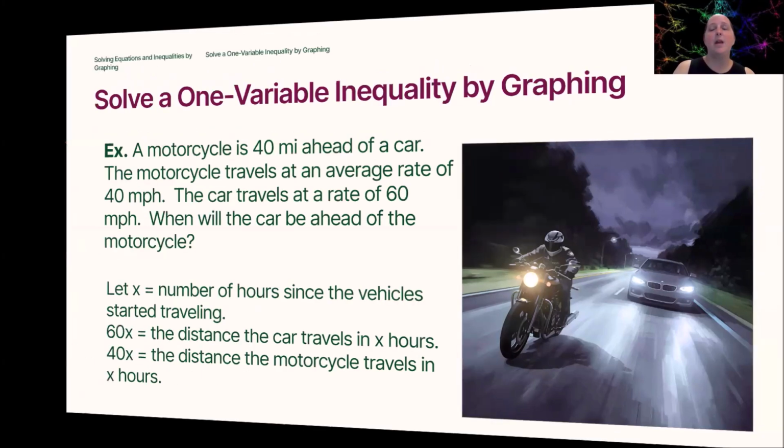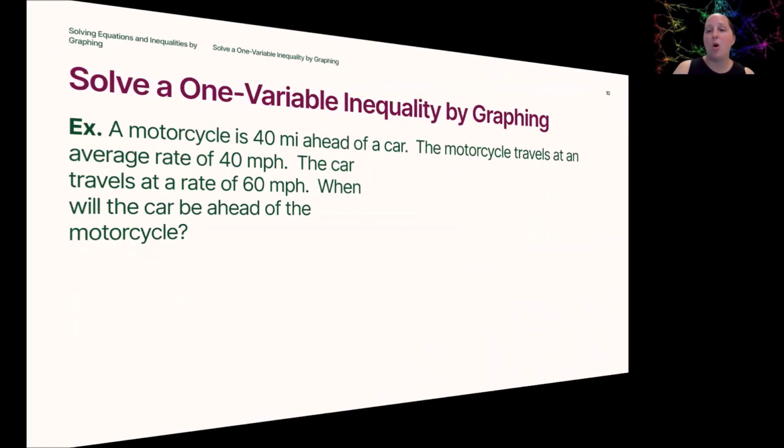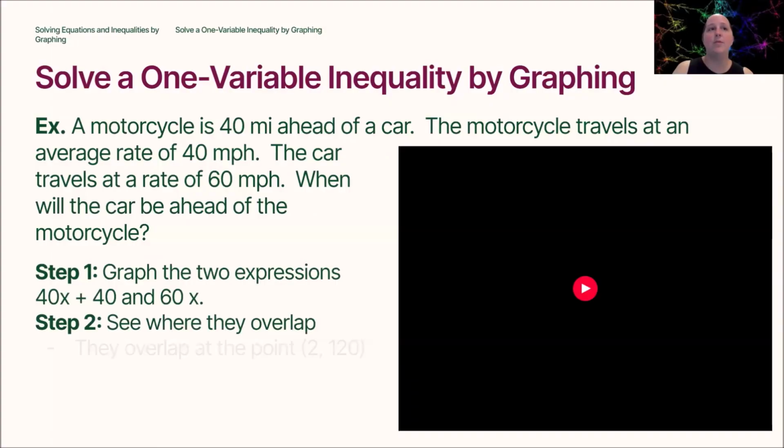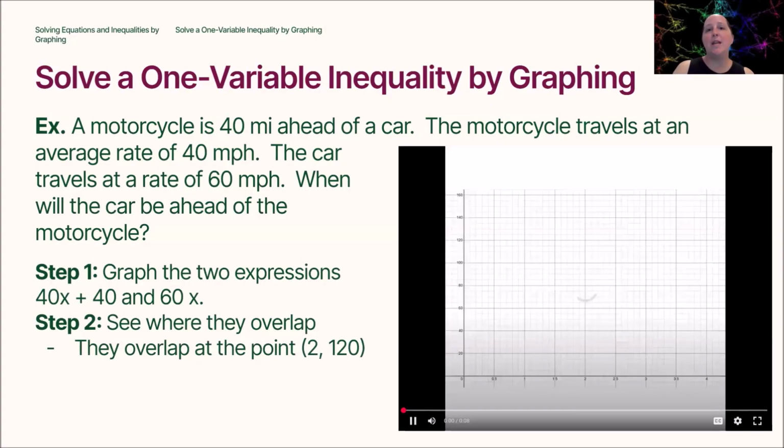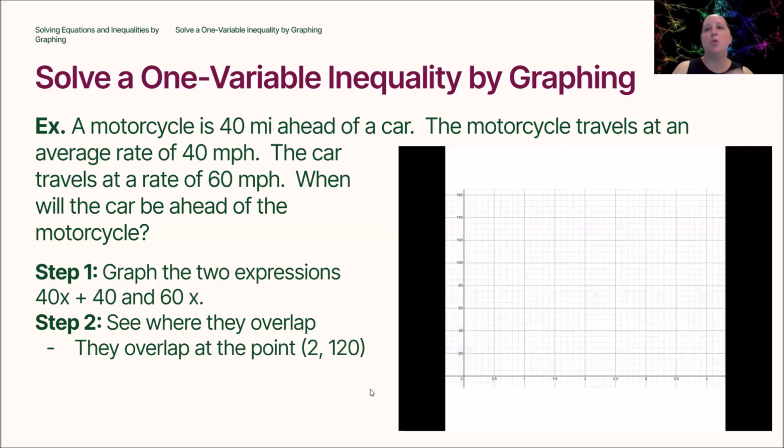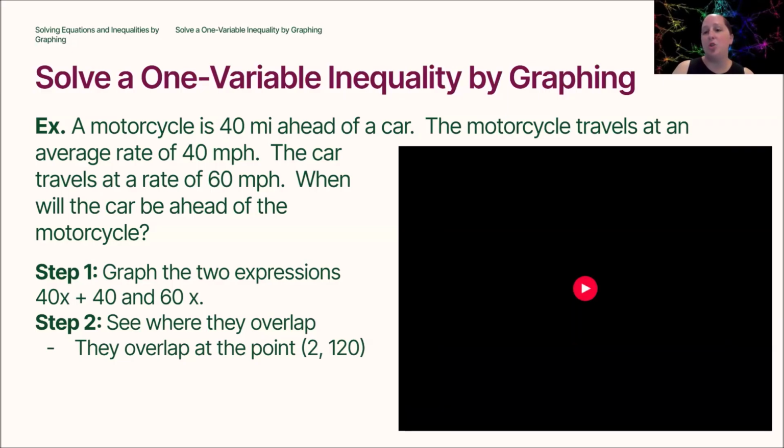Okay. I want to know when the car will be ahead of the motorcycle. So I want to graph the two expressions, 40x plus 40. I'm graphing that expression as 40x plus 40 because the motorcycle was 40 miles ahead of the car. Okay, and then I'm going to graph 60x. In this case, they overlap at the point (2, 120).